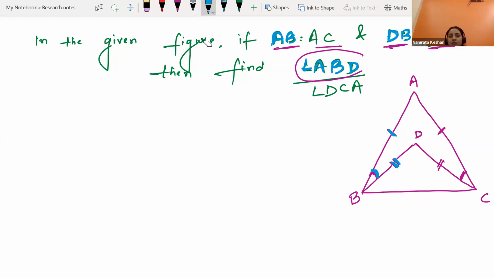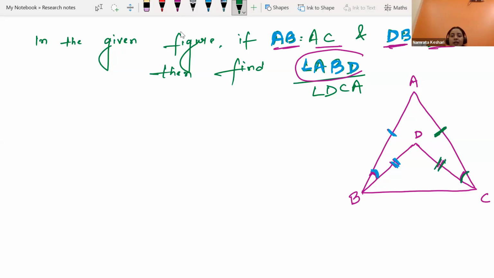On the basis of the given information, I have separated it in two colors. I have highlighted it with two colors. The left side I have written with the sky color, you can see on the screen, and accordingly I have marked it in the figure with the sky color, and the other one I have left with green color and I am marking in the figure with green color.